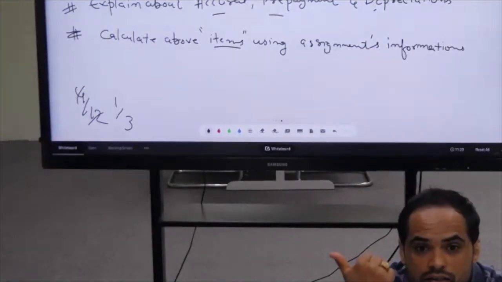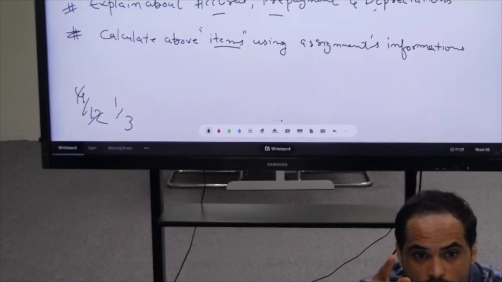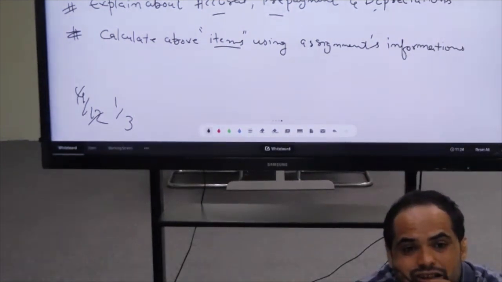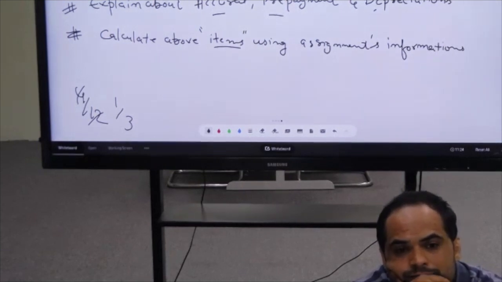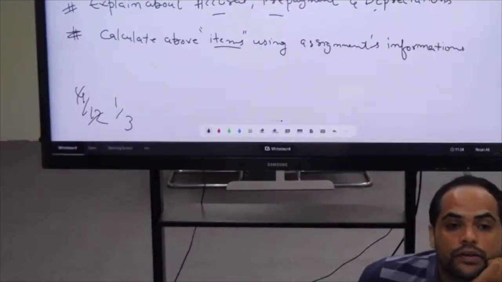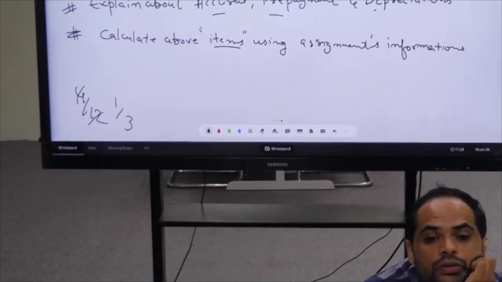It says it is due to 31st of May 2016. So it will be 4 months, 4 divided by 12, which is 1/3. So by that reason, we are counting from this period to this period. All right.